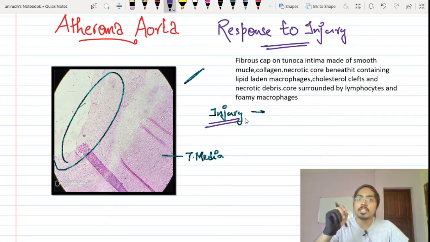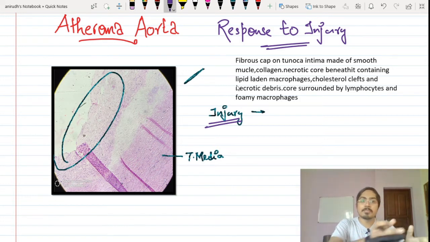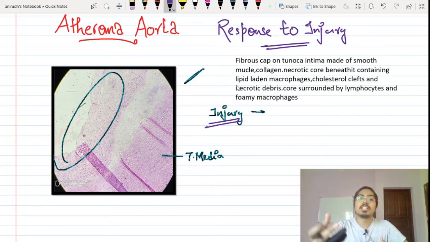Injury is occurring to the endothelium or the tunica intima, whatever is most inside, the luminal surface of the blood vessel wall. Now when there is an injury, then as a response to this injury, something is coming and attaching over there, and that eventually leads to the formation of atheroma aorta. So it's an inflammatory change in a way.